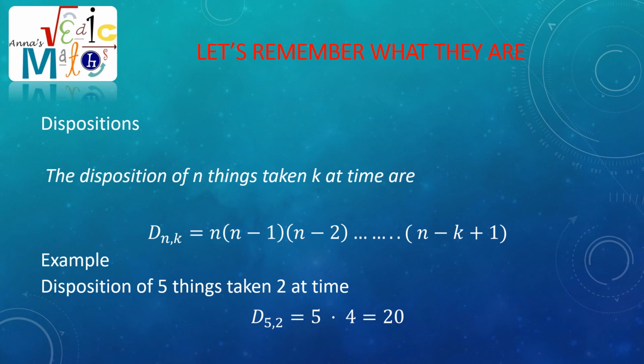So, if we have the disposition of 5 things taken 2 at a time, we have 5 multiplied by 5 minus 2 plus 1, that means 5 multiplied by 4 equals 20.